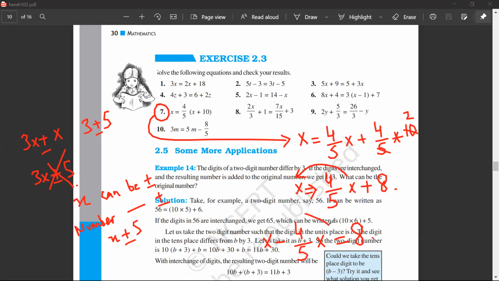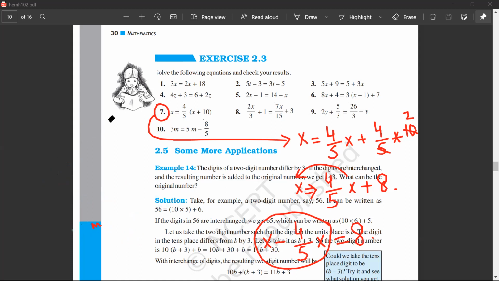Okay. Mr. Sarthak, what should I do next? So we subtract x by x. Okay. So what will be the answer? So x. See, how you can do this is, you want to do x minus 4 by 5x.